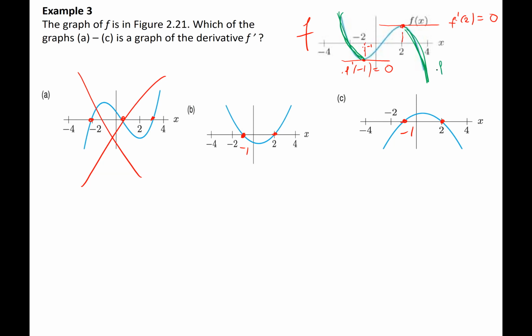That means f prime must be less than 0 on both intervals. In order to look at the graph, the derivative must be placed below the x-axis, right? On that interval and on this one. Let's look at option B. The derivative is actually placed above. Yeah, that's not good.